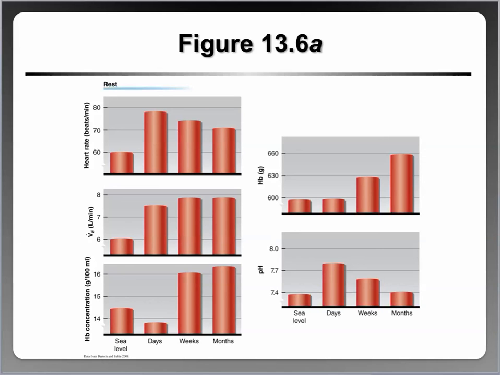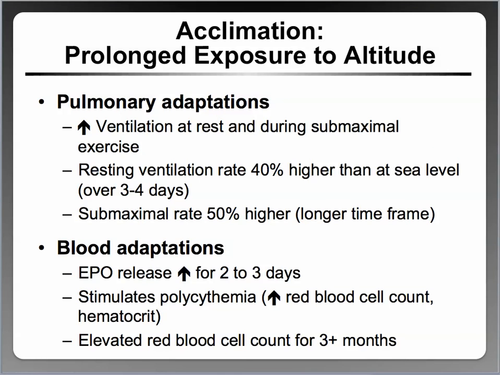But then once erythropoietin has a chance to kick in and start generating more red blood cells, then after weeks and months of adaptation, you see a significant increase. And it's interesting that the red blood cell count remains elevated, and you can see for up to 3 months or maybe even more, even though erythropoietin levels drop back down to normal.